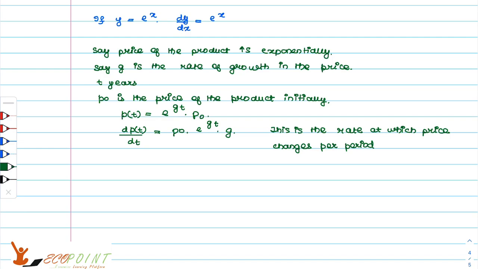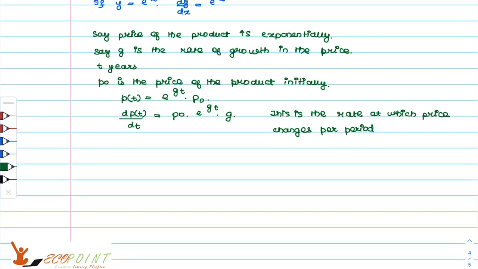If I need to find out the proportional growth rate in P, or the percentage growth in P, so what is dP(t) by dt?